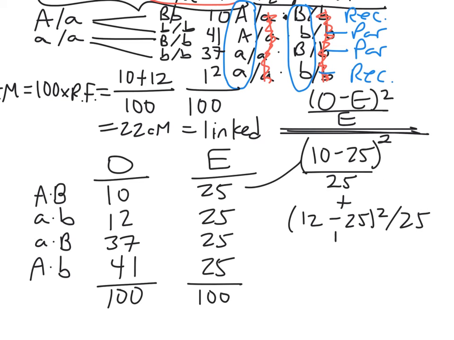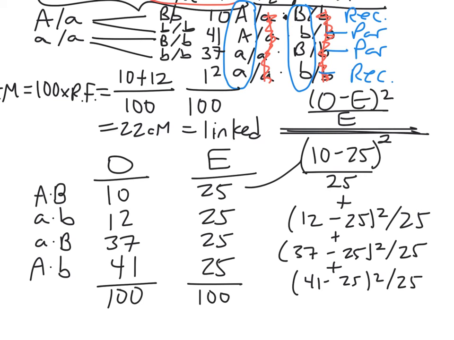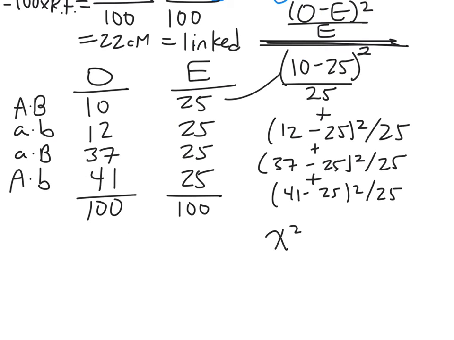And you do that for each of these 4 different categories, 4 different genotypes, and you sum all 4 of those numbers together. So the chi-squared test statistic value, the sum of those 4 numbers, when you calculate them all, 31.76.